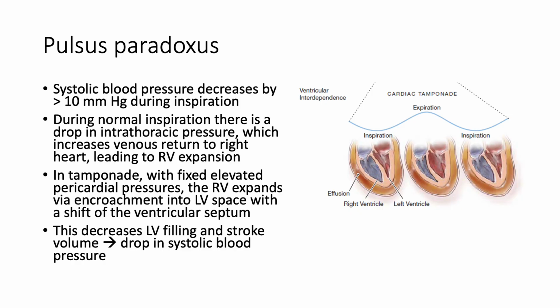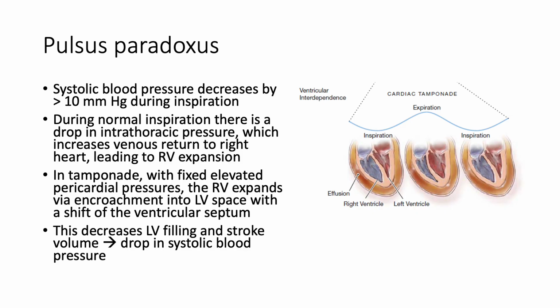Pulsus paradoxus is when the systolic blood pressure decreases by more than 10 millimeters of mercury during inspiration. So normally during inspiration, you're going to have a drop in your intrathoracic pressure, which increases venous return to the right heart, and your right ventricle will expand. If you have tamponade and you have this effusion around the ventricles, you have kind of fixed elevated pericardial pressures.